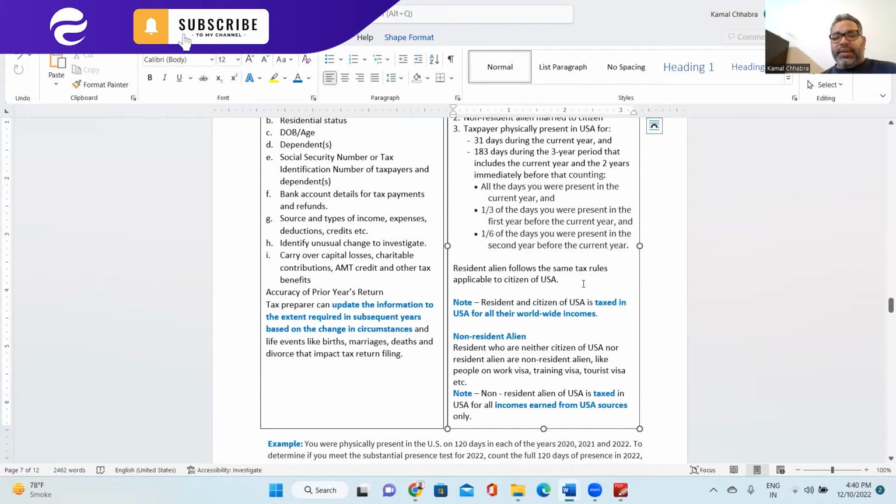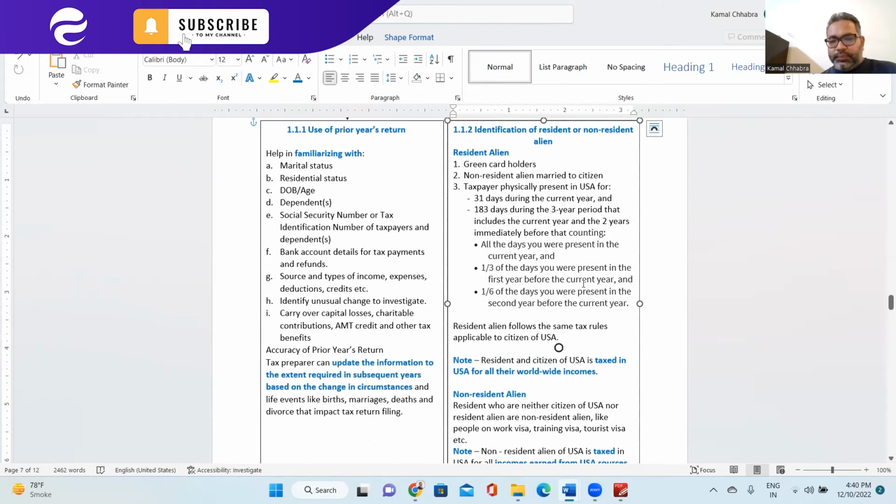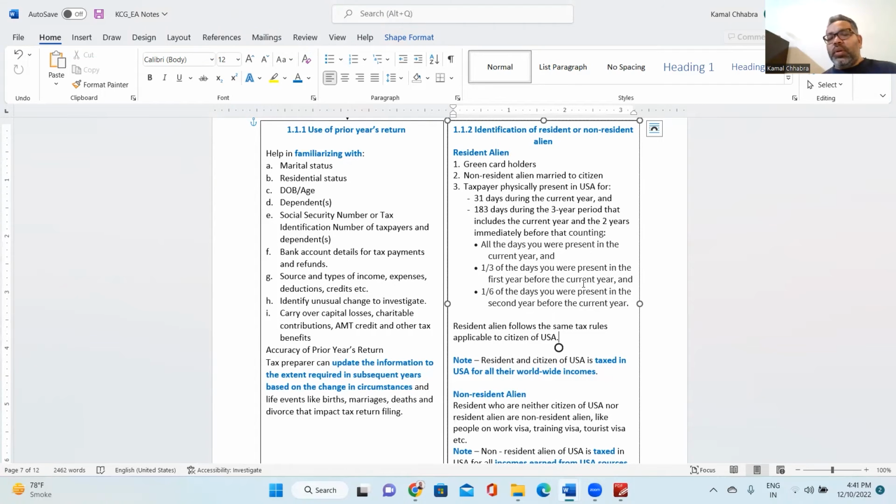All resident aliens who are green card holders, or non-resident aliens who got married to a US citizen, or taxpayers who are physically present in the United States for more than 31 days in the current year and more than 183 days in the total 3 years, will be considered a resident alien, and all resident aliens have to abide by the same tax law that is applicable to citizens of the United States of America. Make sense?